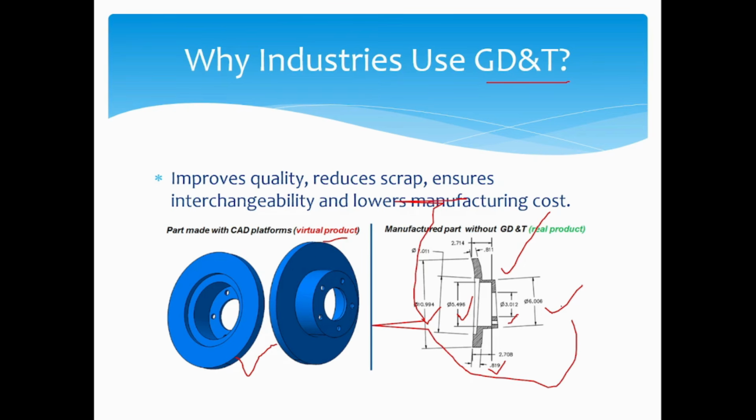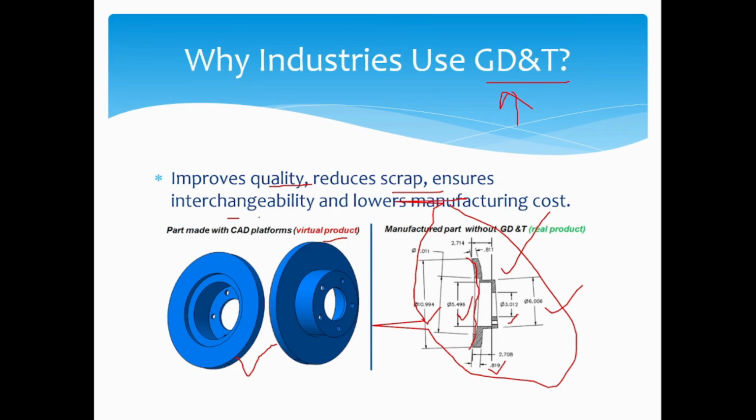It has some bending. Now, how will you show the bending to the QC person so that he may reject the file? There comes the role of GD&T. It improves the quality, reduces the scrap, and ensures the interchangeability.